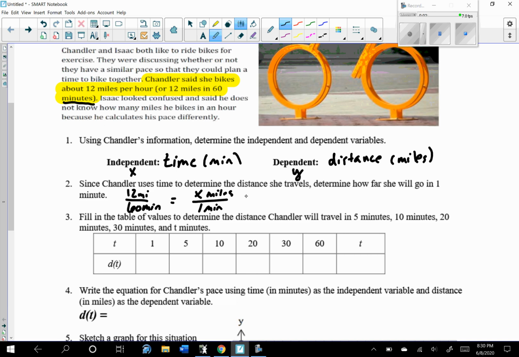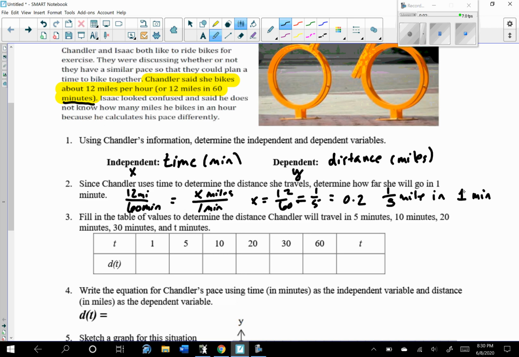If we solve this, you can cross multiply because it's a proportion, or really just do 12 over 60, and we end up with x equals 12 over 60, which as a fraction is 1/5, or as a decimal is 0.2. We're going to use the fraction form. So 1/5 of a mile in 1 minute.